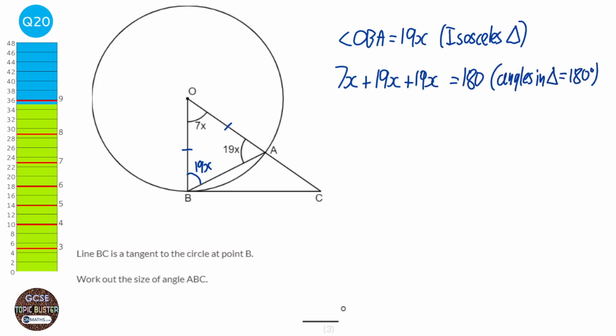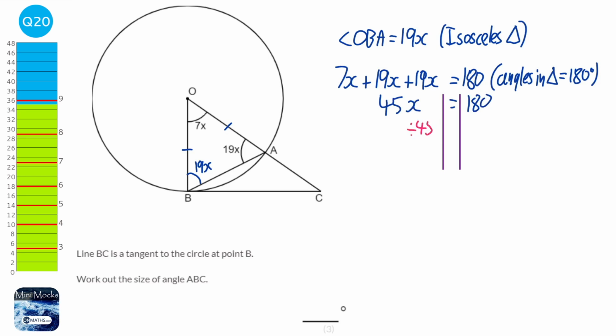Try and write out these reasons in full. Okay, so that's going to be 45x equals 180, and let's get our solving lines in. And we're just going to divide both sides by 45. So we've got x equals 180 divided by 45, which is 4.